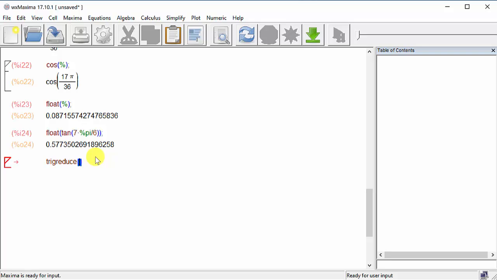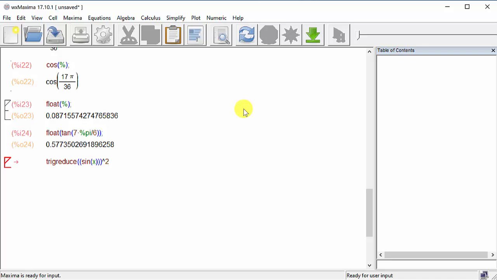Trig reduce. So we've got to do sine squared. In parentheses, we're going to have sine of x, and all of that is squared. So we put the whole sine x in parentheses, and then we square it.